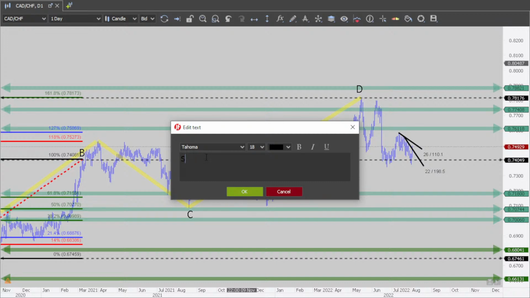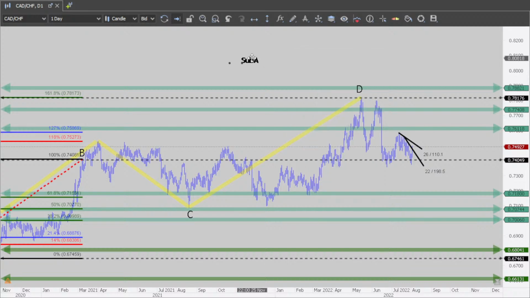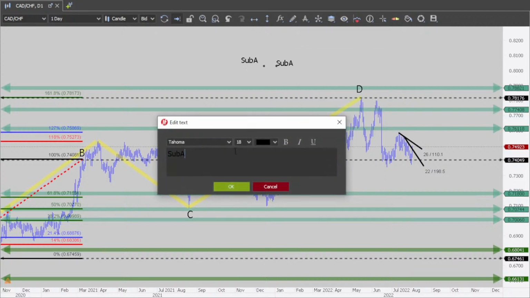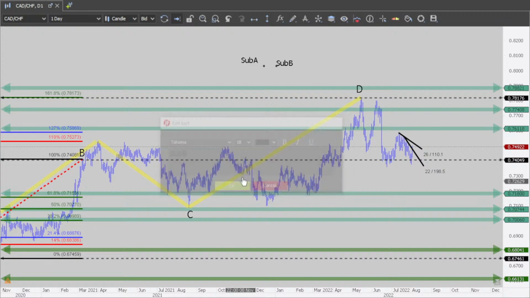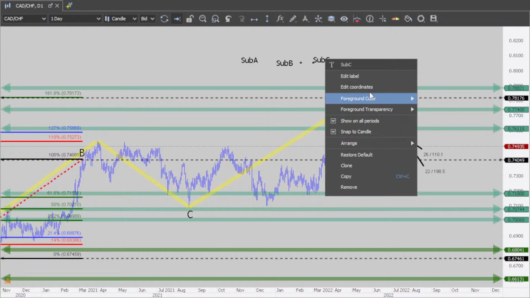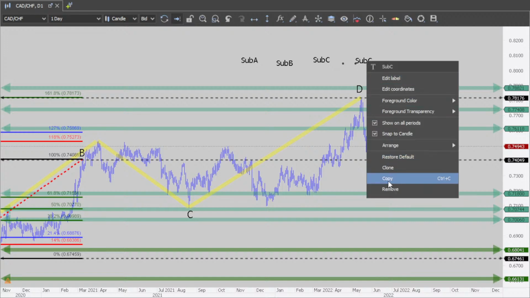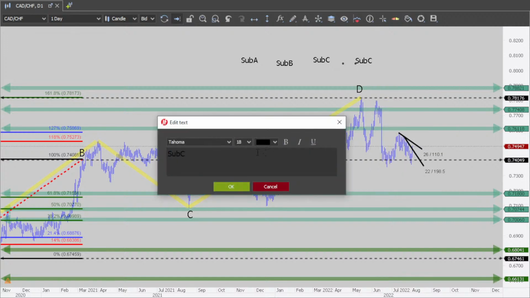So sub A, you can name it 1, 2, 3, 4, doesn't matter, sub A, and edit label sub B, clone, edit label sub C, and edit label, not this one, clone, edit sub A, sub B, sub C, edit label one more time, sub A, sub B, sub C, sub D.